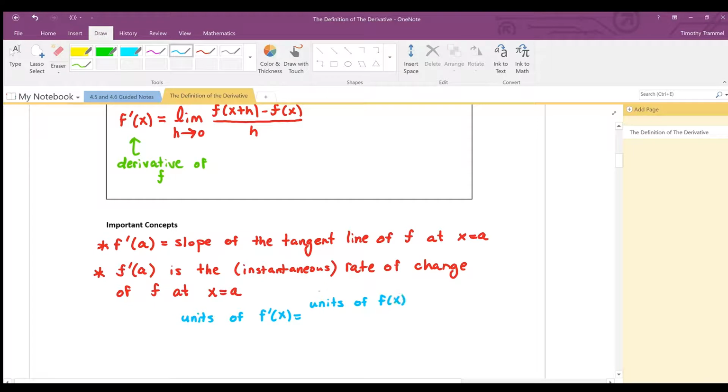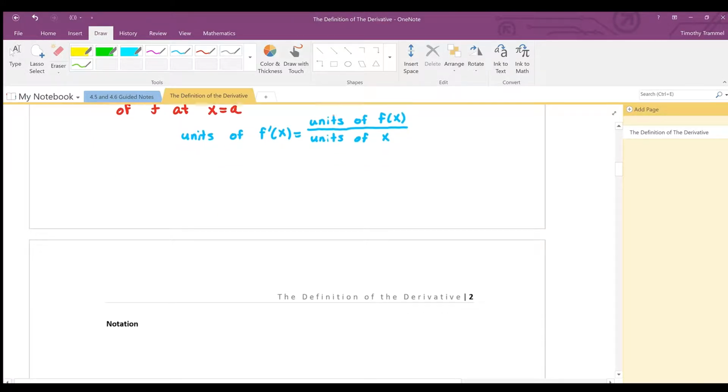Well, remember, we found this using the difference quotient, the limit as h goes to 0 of the difference quotient. But on top of that quotient, we had units of f, or if you prefer, units of y, and then this was over units of x, whatever those inputs are.